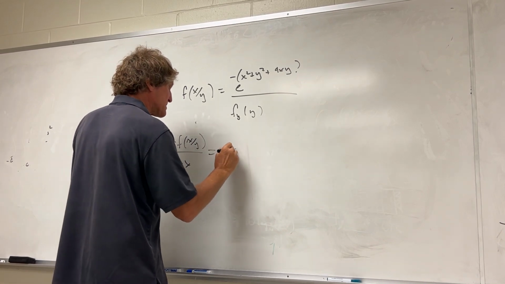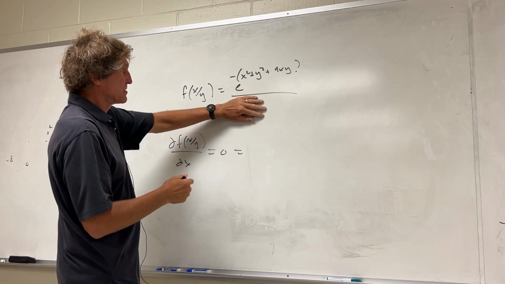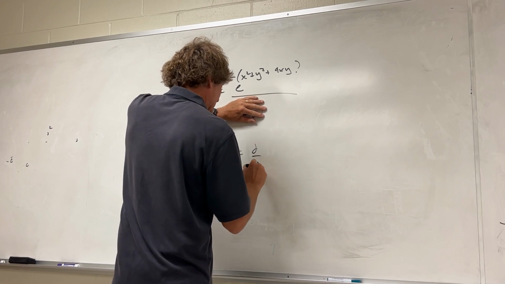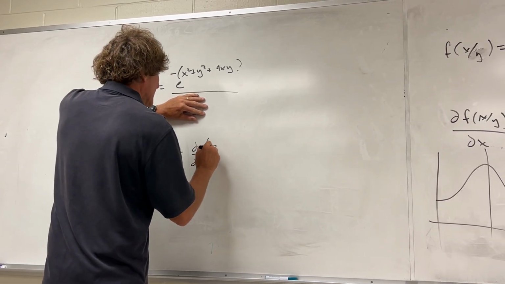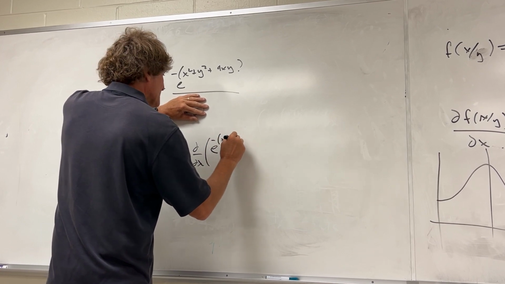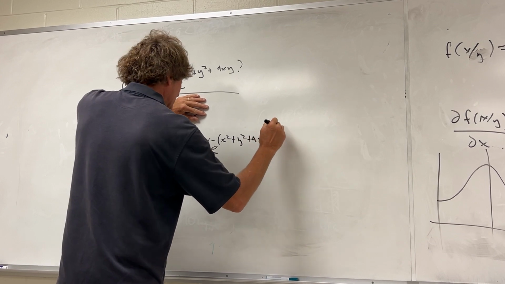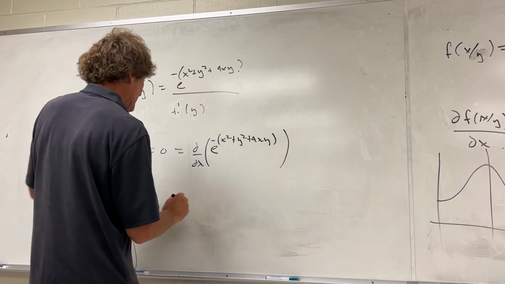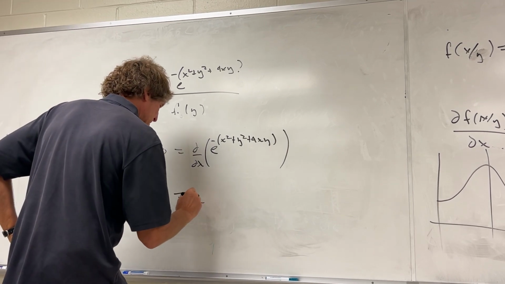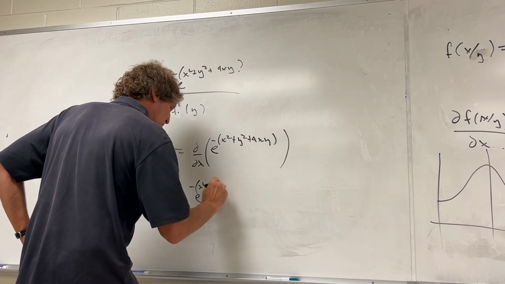and set it equal to 0, this f of y down here doesn't matter because it's just going to go away. So I'm taking a derivative with respect to x of the quantity e to the minus x squared plus y squared plus 4xy. All right, so it's going to be the exponential e to the minus x squared plus y squared plus 4xy.